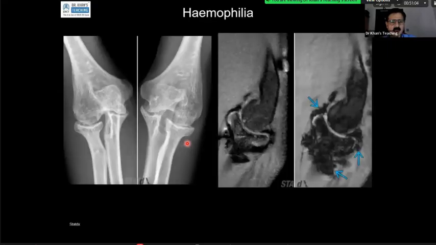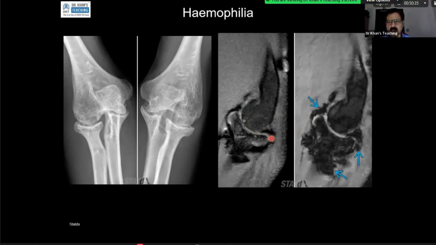Now, few other examples. This is another one in which a bit of expansion is there, and on an MR, on a gradient echo sequence, there is low signal in keeping with blood. So if they show you an MR, and this is also true for another entity in joints, which is PVNS, pigmented villonodular synovitis.